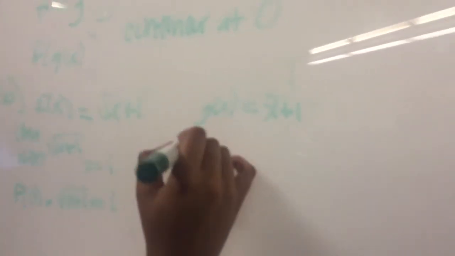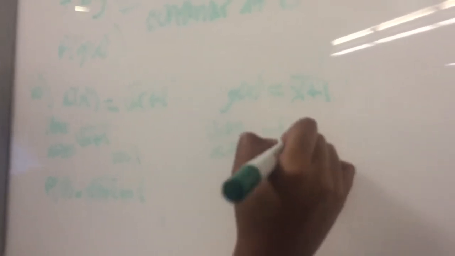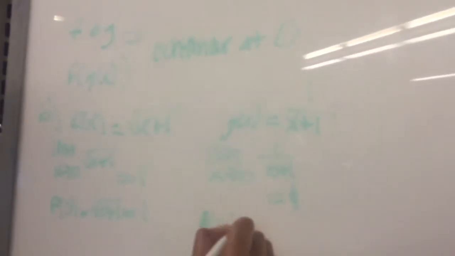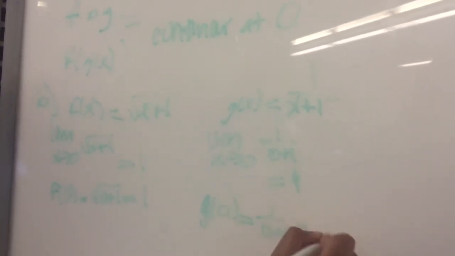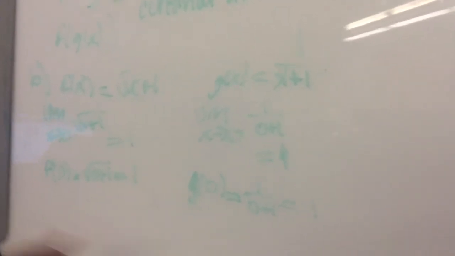So they are equal, so it is continuous. We do the same thing for g of x, which would equal 1, and g of 0 would equal 1 over 0 plus 1. So again, they're both continuous at x equals 0.